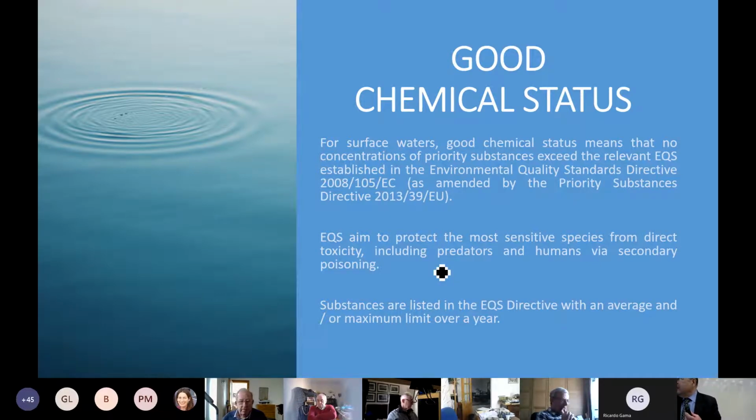And then you have environmental quality standards, which aim to protect the most sensitive species from direct toxicity, including predators and humans via secondary poisoning. In other words, if you're swimming in the water and you get into contact with priority substances, that would be secondary poisoning. And then substances are listed in the EQS directive with an average and or maximum limit over a year, and I'll come back to that at the end when I deal with monitoring.